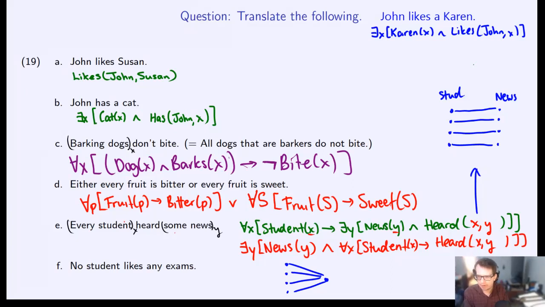Before I do F, I'm going to do F on a separate page just because I need some room to write. I want to make sure that if you need to copy stuff down, you can copy it down. But are there any questions about A through E?